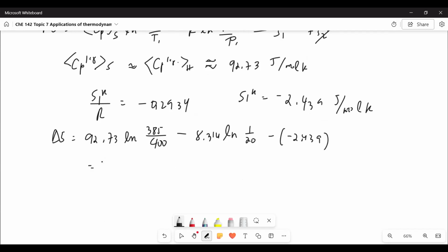What you will get there is 23.8 joules per mole Kelvin. And that is your answer.